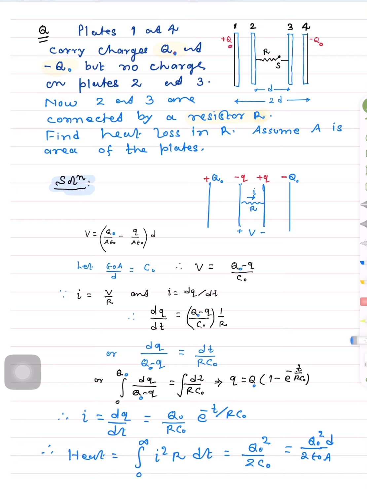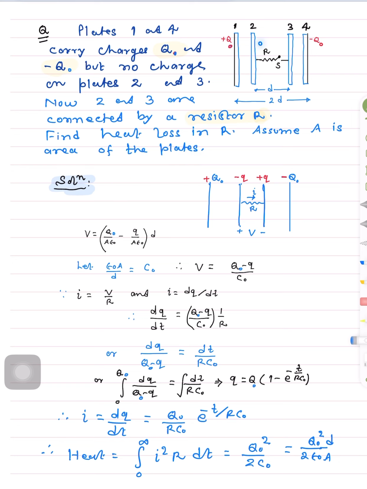There is potential difference because these two charges will produce certain electric field here, and that field will be Q naught upon A epsilon naught. We already know that if we have equal and opposite charges on parallel plates, then field between the plates is Q upon A epsilon naught, right?